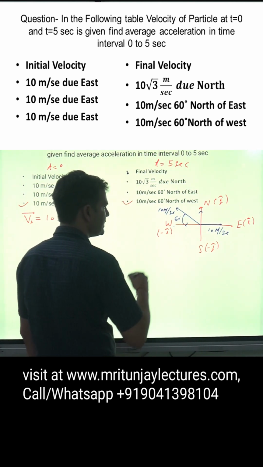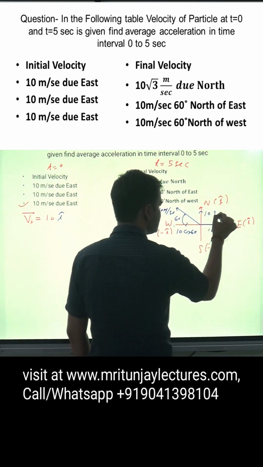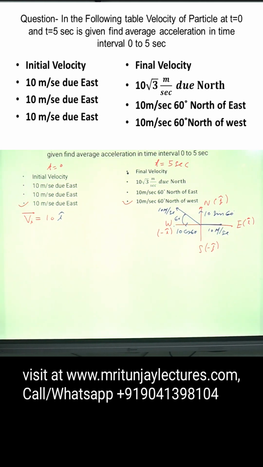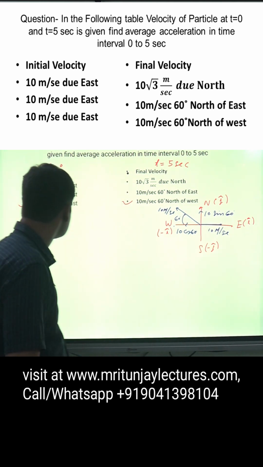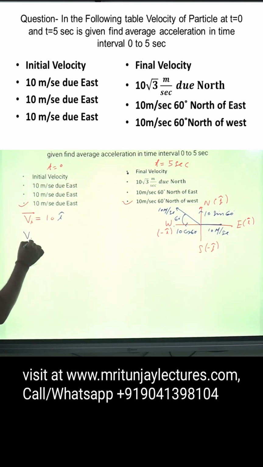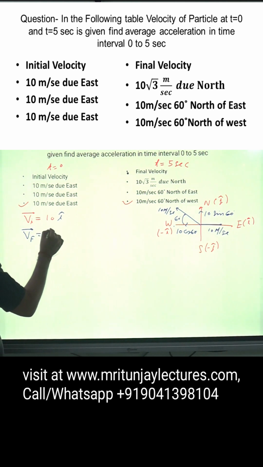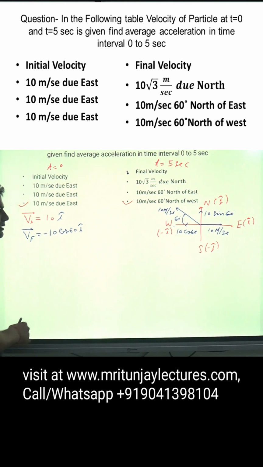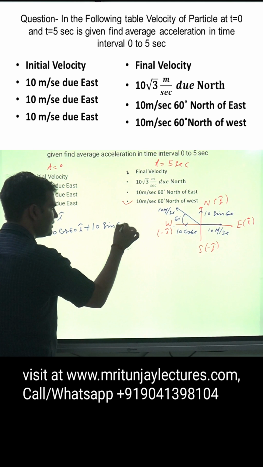So divided into two parts: 10 cos 60 here, 10 sin 60 here, simply. Okay. Now the final velocity is written as minus 10 cos 60 into i cap plus 10 sin 60 into j cap.